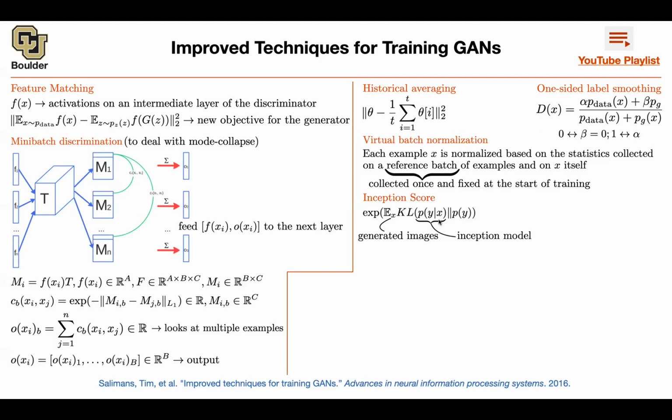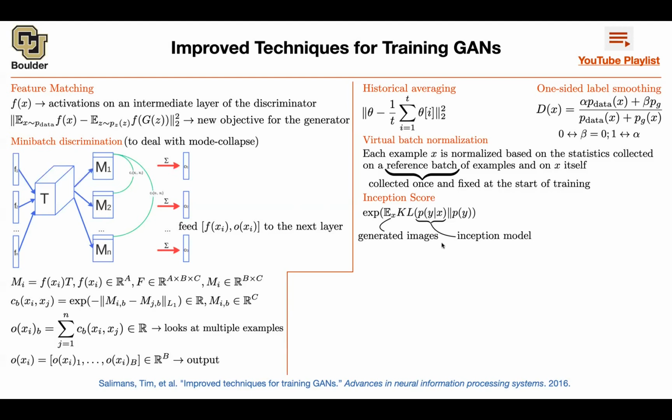Here, this is brilliant. You are going to use a pre-trained network to give you a score to compare different generated images. Not only GANs is using a different network, perhaps a discriminator, to write down its loss function. To judge the quality of the generated images, you are going to use another neural network.